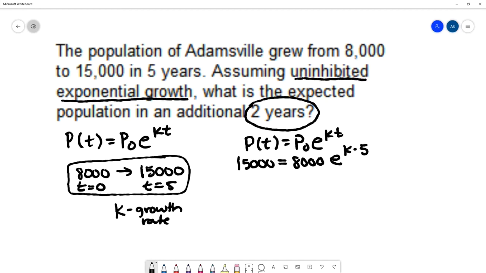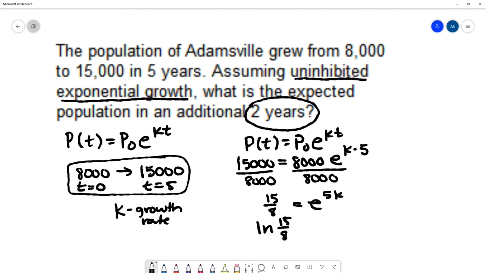And now we're going to solve for k by dividing by 8,000. And we have e to the 5k. We can do some reducing here, make this 15 over 8. Now take the natural log of both sides. Natural log of 15 over 8 equals natural log e to the 5k.